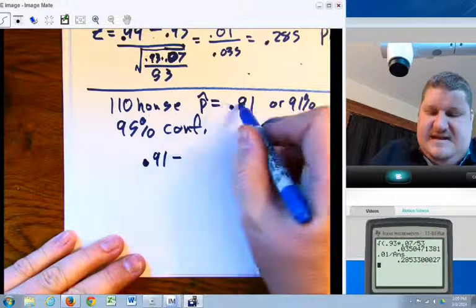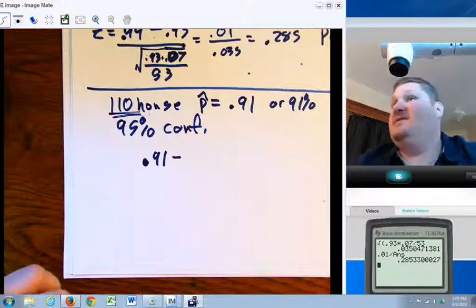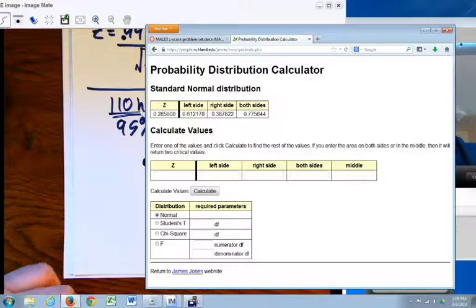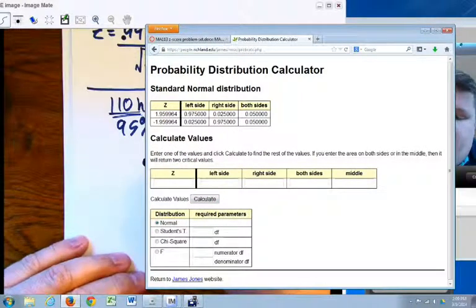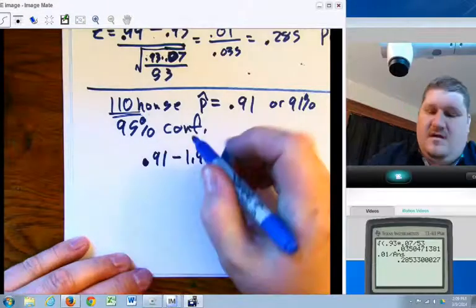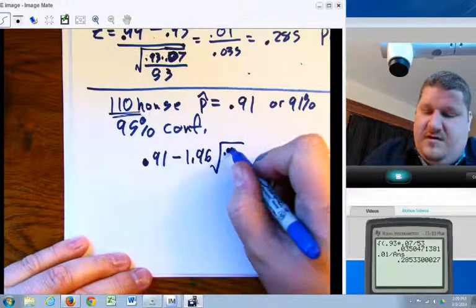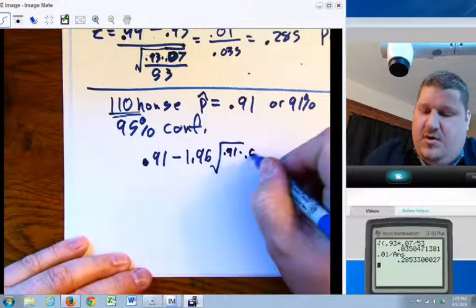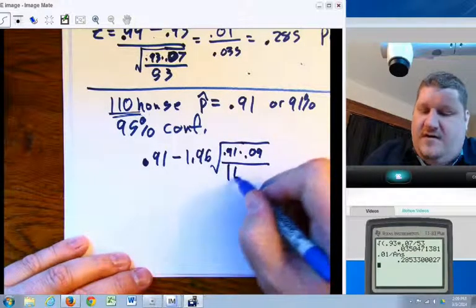minus z. Well, I have more than enough households, so I could simply go to my probability distribution calculator, type in 0.95, and it's going to come up with 1.96 times the square root of p hat 0.91 times q 0.09, because remember those two have to make 1, all over 110.